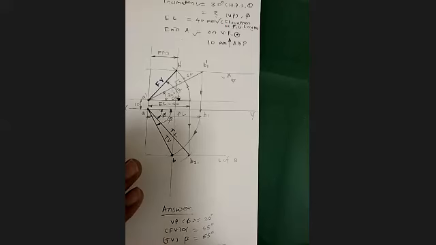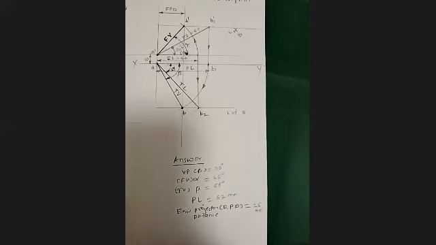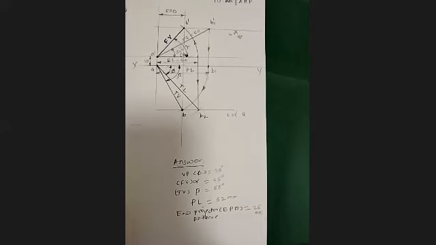This will give the perfect impression on the evaluator. So if your answer is correct, there will not be any chance to lose even a single mark. This is the standard way to conclude and present your answer.